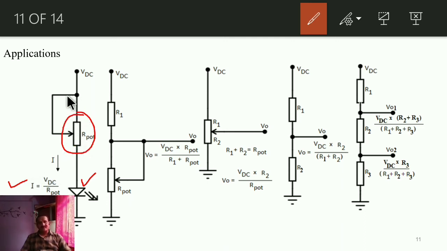Outer two terminals are shorted, that's why this potentiometer is acting simply as a variable resistor. Correct? Only here we have to take care that the current flowing through the LED should not exceed its maximum current handling capacity, otherwise this LED will get damaged.